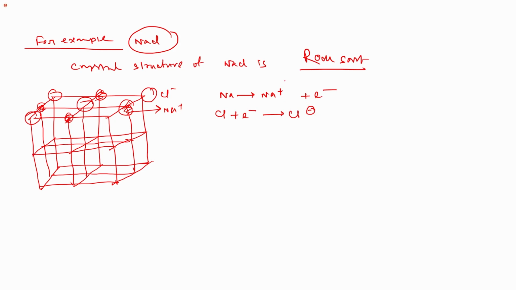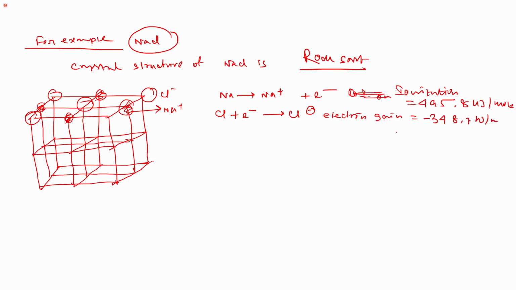Here the ionization enthalpy is 495.8 kilojoule per mole, and the electron gain enthalpy is minus 348.7 kilojoule per mole. If I sum it, it is 147.1 kilojoule per mole. So it gives a positive value.